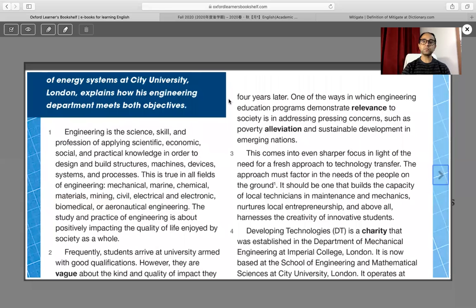One of the ways in which engineering education programs demonstrate relevance to society is in addressing pressing concerns such as poverty alleviation and sustainable development in emerging nations. So you have some words here: relevance and alleviation. We'll talk about that when we discuss vocabulary in a while.